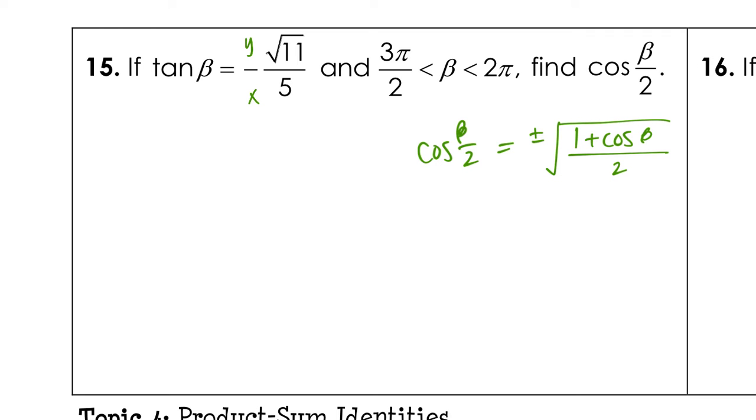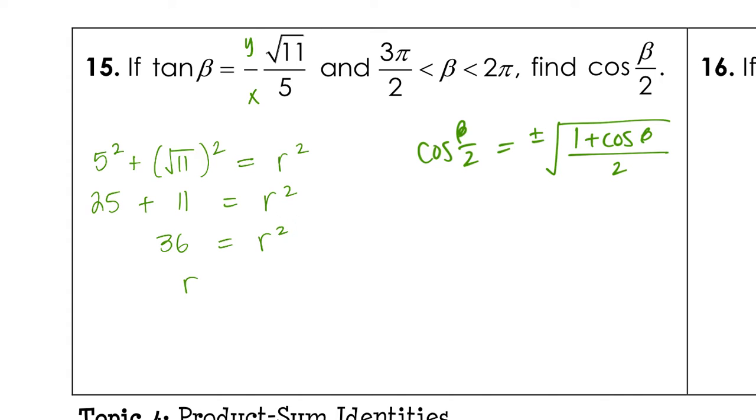So we can find r by using our Pythagorean theorem. 5 squared plus square root of 11 squared equals r squared. 25 plus 11 makes 36, which is perfect because that's a perfect square. R is 6. So we need to find cosine. Cosine is x over r, so that would be 5 over 6.